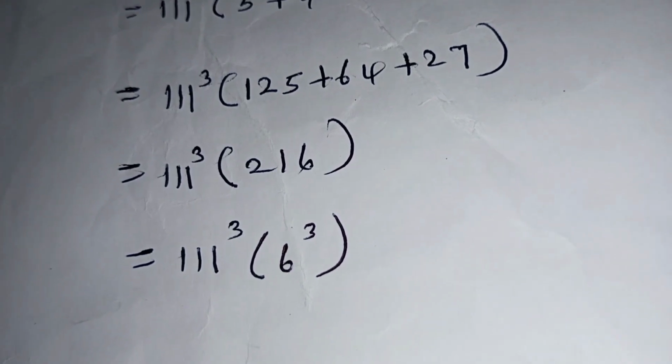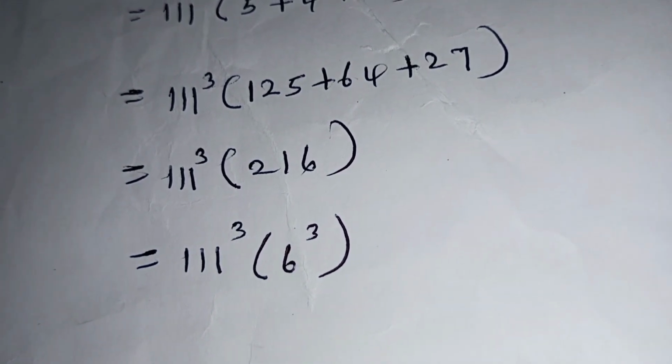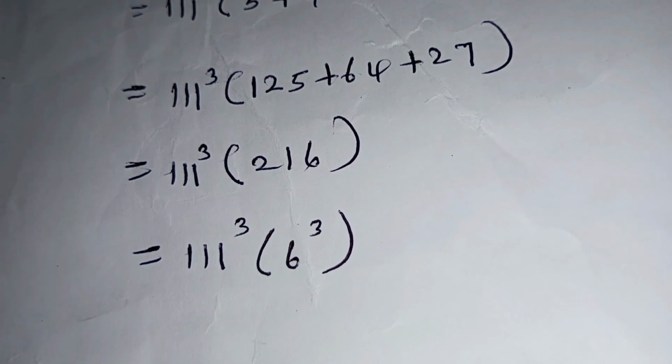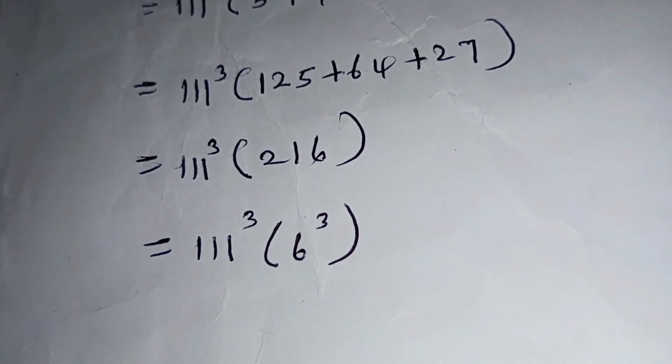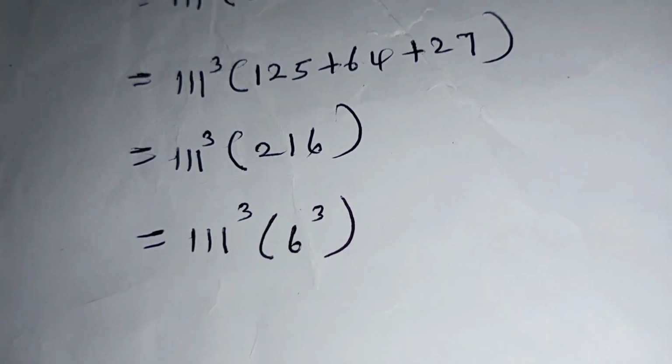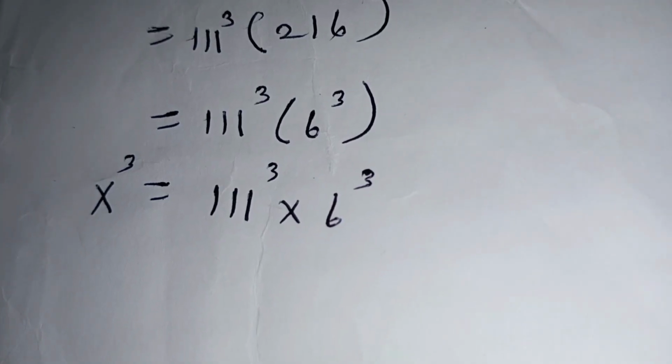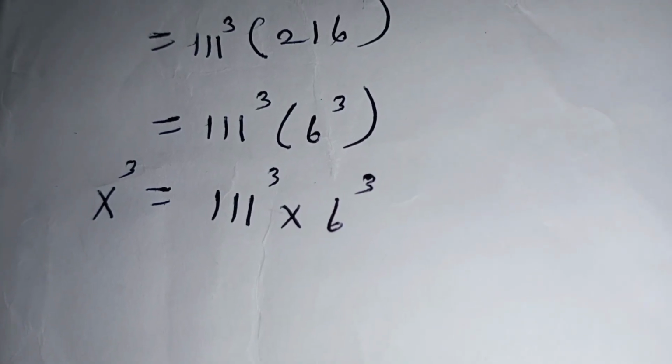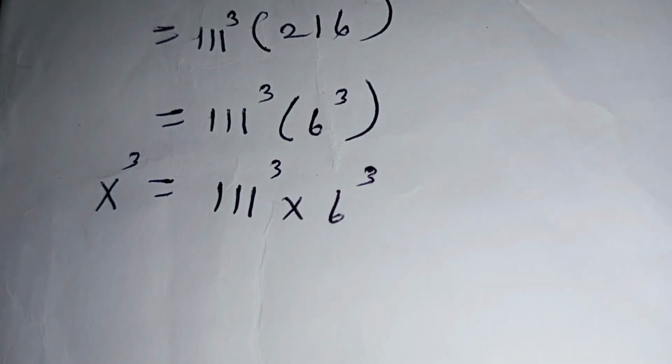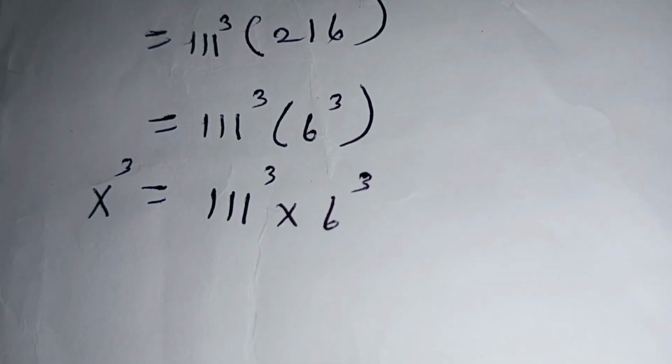So x cubed is equal to 111 to the power 3 multiplying by 6 to the power 3.